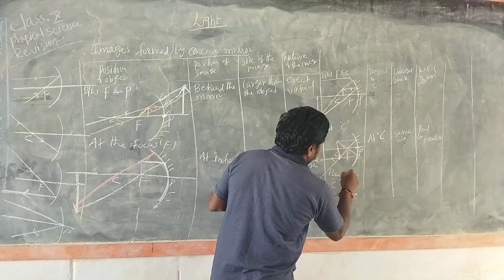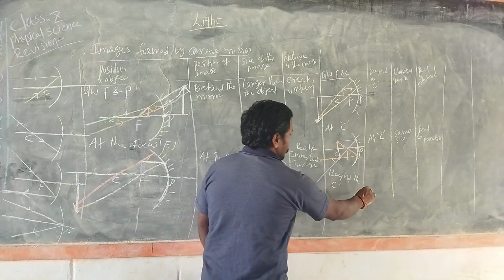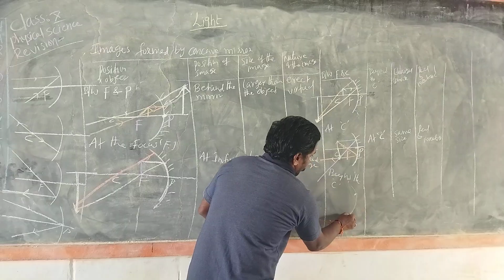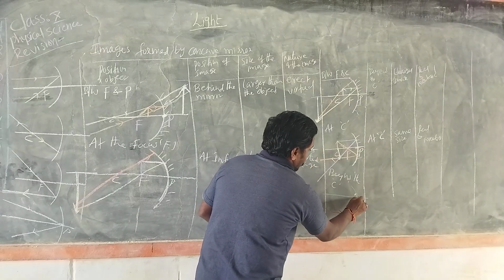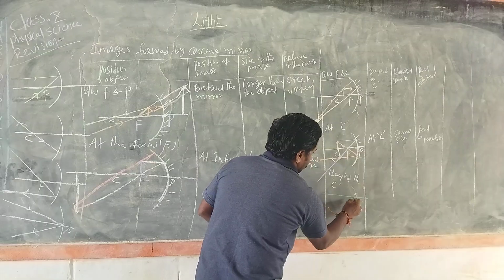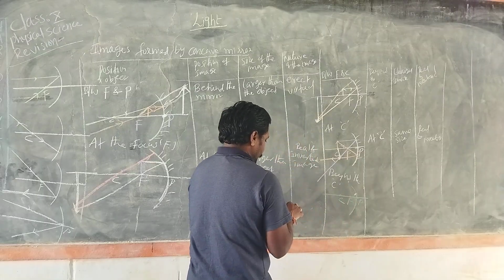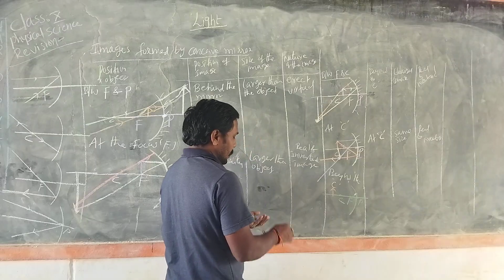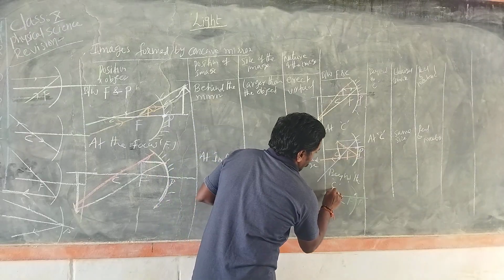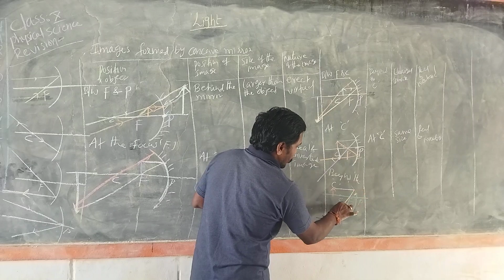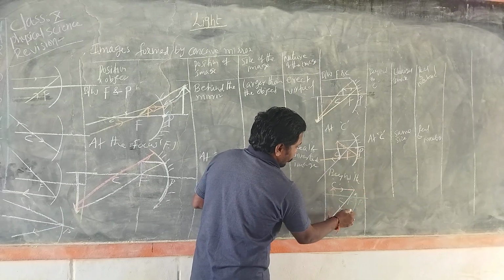Next, if the object is placed behind the C, in the mirror, principal axis, focus, pole, focus, center of curvature. If the object is placed here, the light ray passes through focus after reflection.